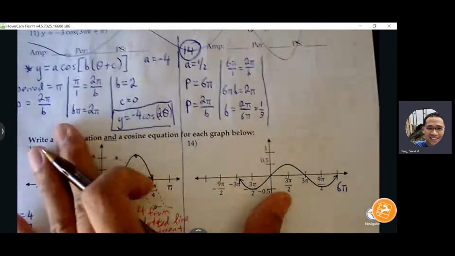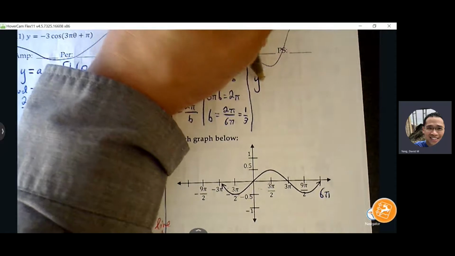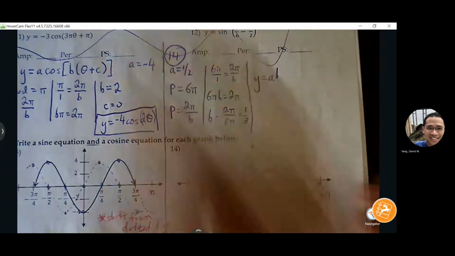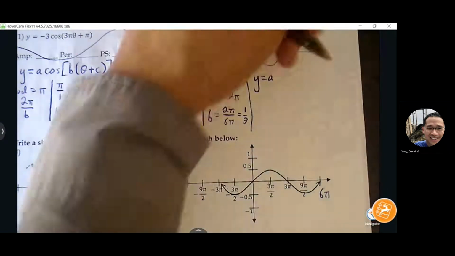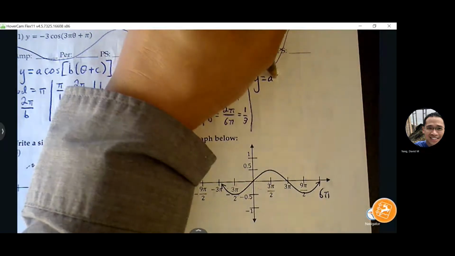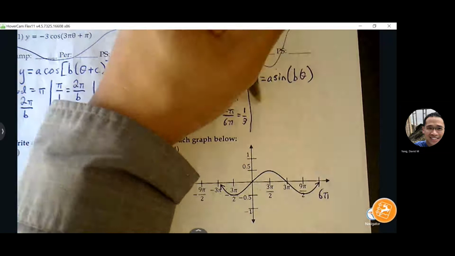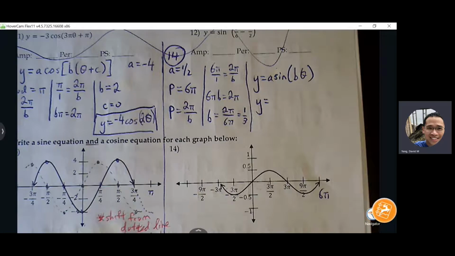Okay, we know there's no phase shift, there's no reflection, so it should be a pretty straightforward sine equation. Don't have to worry about a C, don't have to worry about a D. This graph is not being shifted up or down.